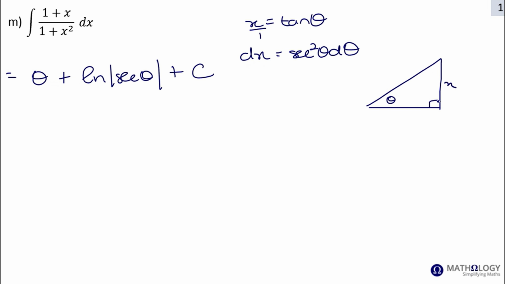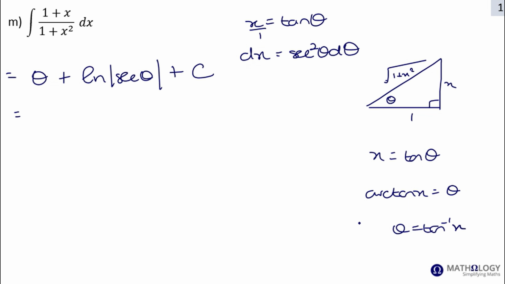So opposite over adjacent, and the hypotenuse is root 1 plus x squared. So theta we're going to get directly from here. So if x equals tan theta, then arc tan x equals theta, or if you like, theta is tan to the minus 1 of x.